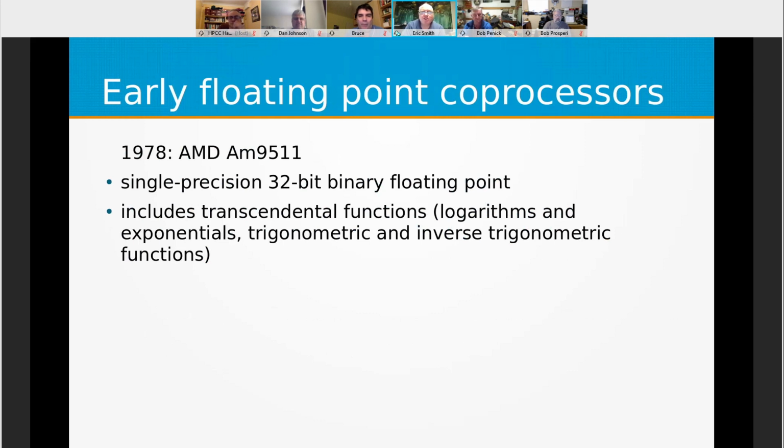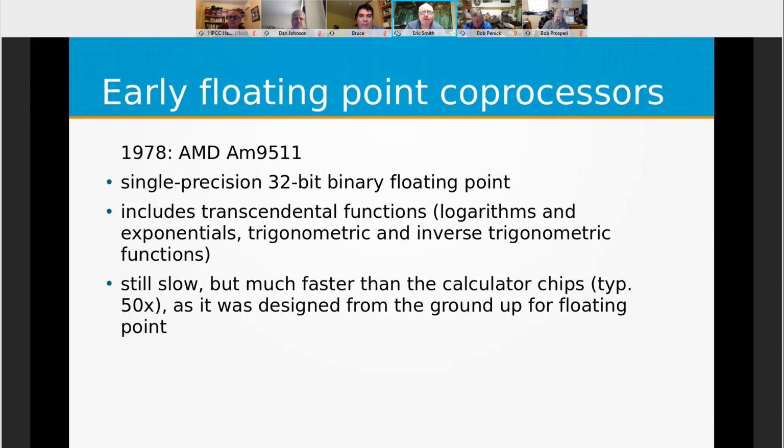Although it was only single precision, it included transcendental functions, so that was actually a big selling point. The National chips I mentioned before also did transcendental functions, but of course they were very slow. And the 9511 was much faster, about 50 times faster than those calculator-derived chips.